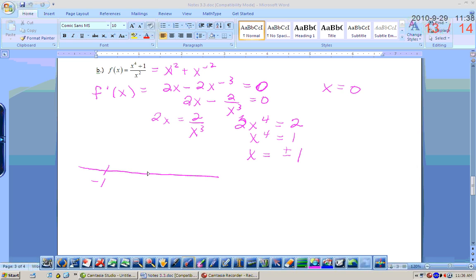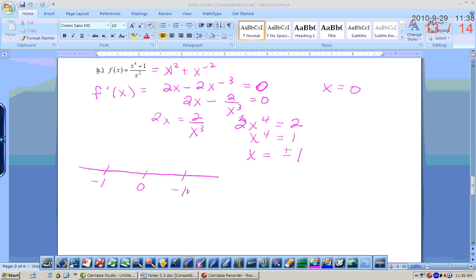Kelly? Because think of the absolute value graph, and you've got that cusp down at the bottom. That is a minimum of the absolute value of x, and so that's right.